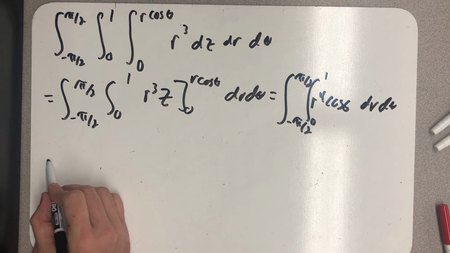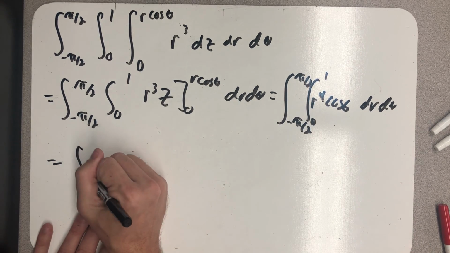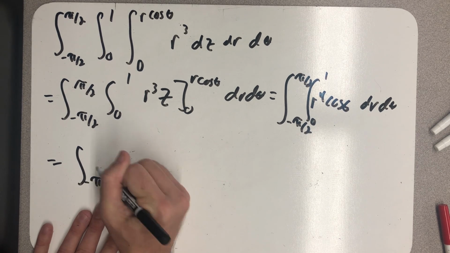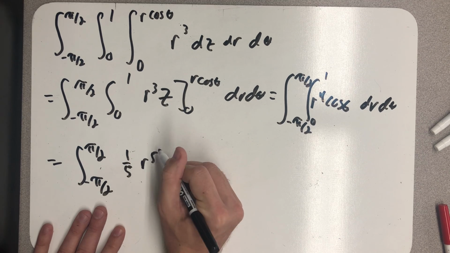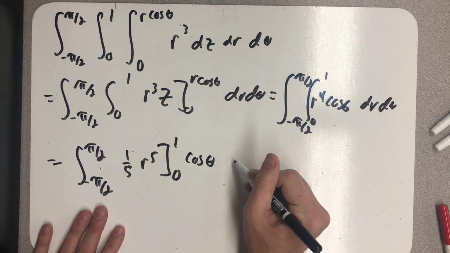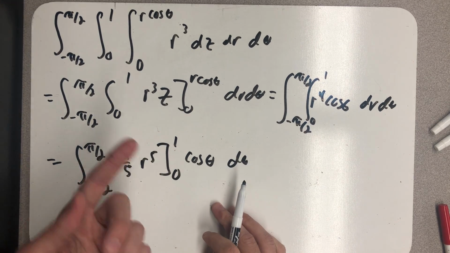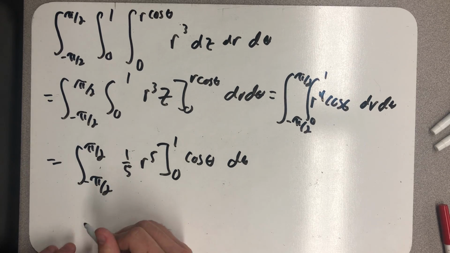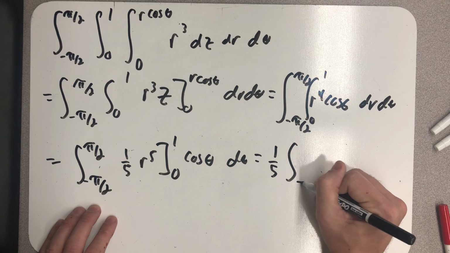Now we're ready to integrate with respect to r. We get 1/5 r to the fifth, evaluated from 0 to 1, cosine theta, and now just a d theta. This evaluates very easily. I get 1/5 minus 0, which is just 1/5, which I can write out front of the only remaining integral.